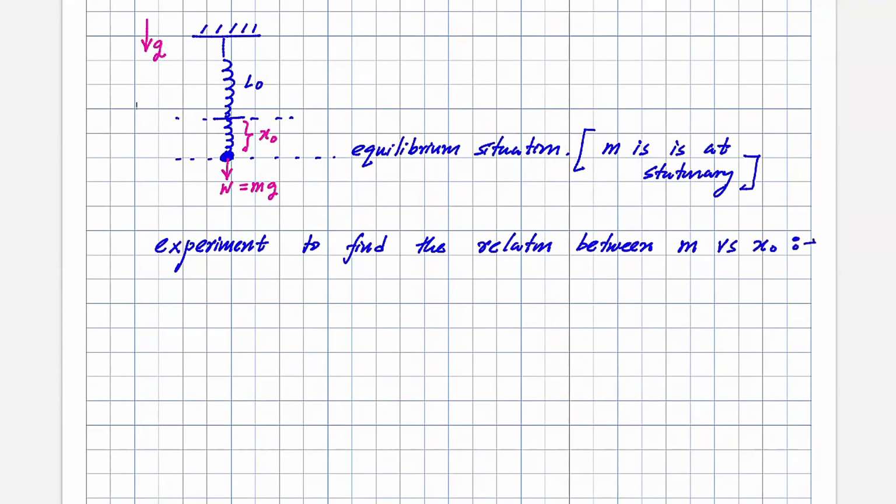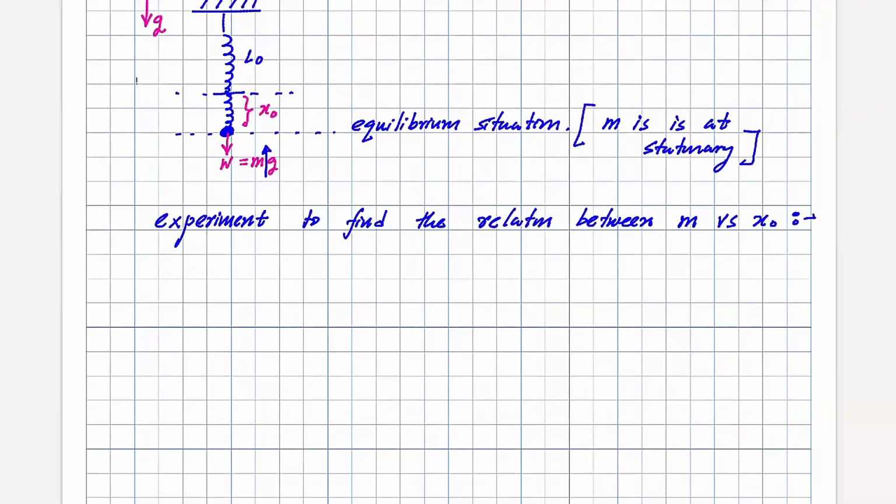That means we have a genuine question. What if M is increasing? What is happening to x0 when M is increasing? Right? So we want to check what is happening to x0 when M is changing. M is increasing, is x0 increasing or decreasing? So they did an experiment to figure this out.